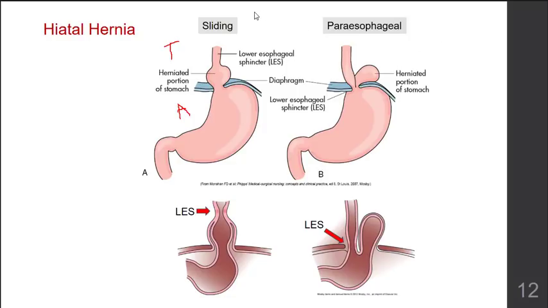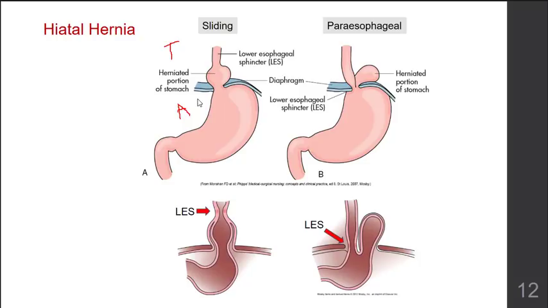Sliding hernias you need to be aware of are the most common type. About 90 to 95% of hiatal hernias are sliding hiatal hernias. And this is where the proximal portion of the stomach moves into the thoracic cavity or the thorax region through this region here, which this opening in the diaphragm is called the esophageal hiatus. Okay, so the opening that allows for the esophagus to normally pass through the diaphragm toward the stomach.